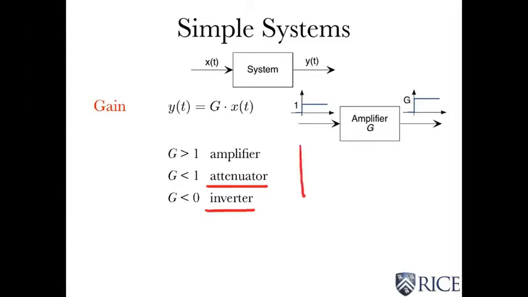So if we use our unit step input, for example, here, we bring in a unit step, and we look at what the output's going to be. If g was negative, the output would be like that. So it doesn't mean take the reciprocal, it means change the sign.